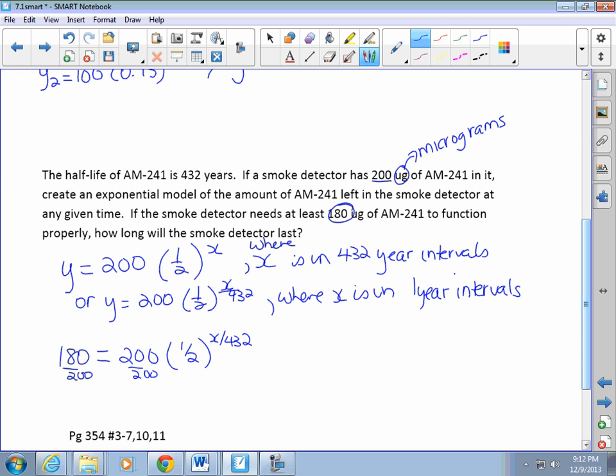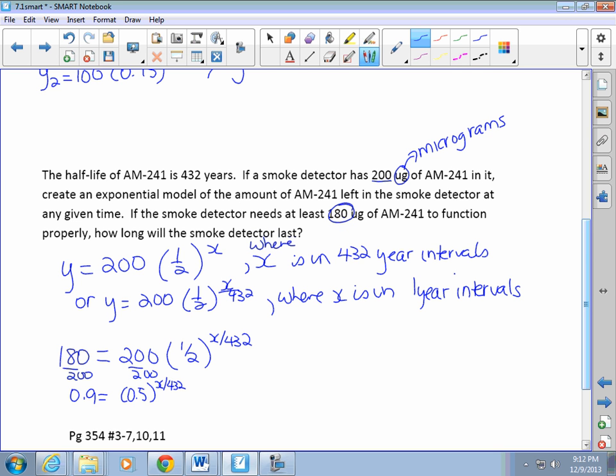I didn't write the math down for this on mine, but you're going to have a fractional value. 180 divided by 200 is 0.9. So I have 0.9 is equal to 0.5 to the power of x over 432.